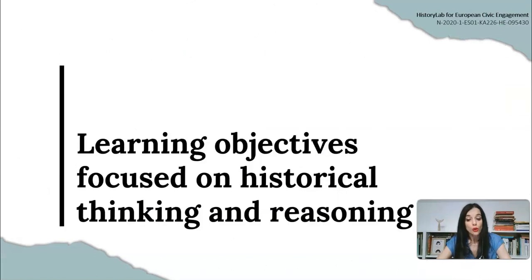To formulate objectives focused on historical competencies, it is important to have a clear picture of what historical thinking, reasoning, and argumentation entails. In the literature, there are several conceptualizations. Weinberg, for example, distinguished three historical thinking heuristics to evaluate historical sources: sourcing, contextualization, and corroboration.